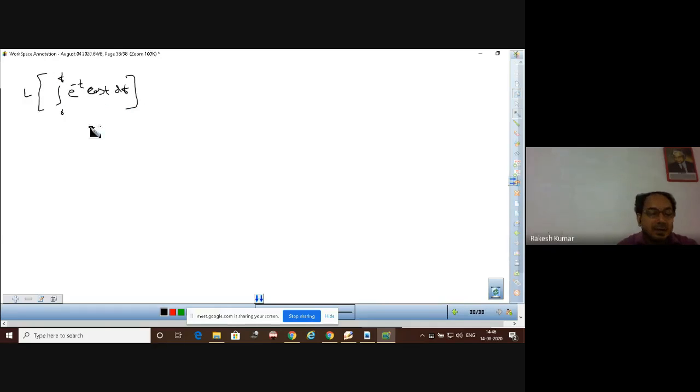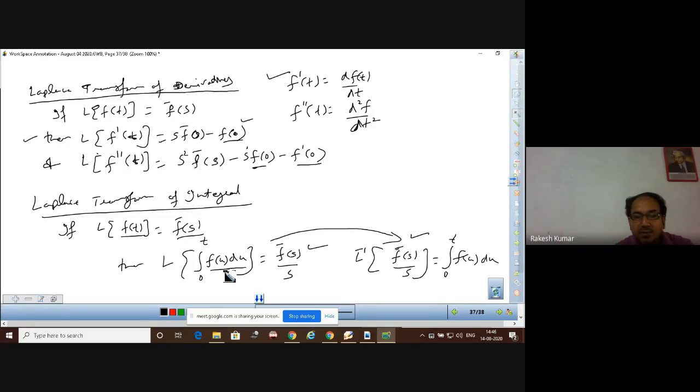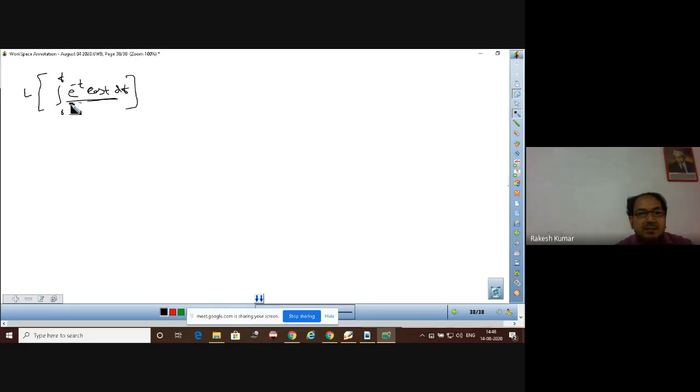So first of all, we need to find out the Laplace of this, because this is f of t. If you compare it with the formula, f of t is this complete function e raised to power minus t cos t.